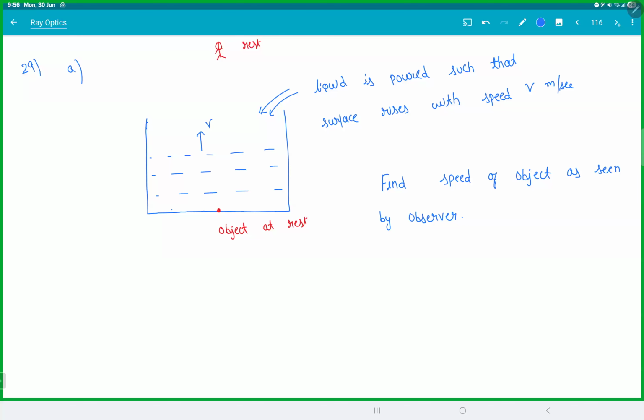It's a good one. Let's see how many of you will fall into the trap. It doesn't matter, Repurvaj. The distance between the object, observer and the liquid surface won't matter. It does matter in a way, but I don't need to give any values.